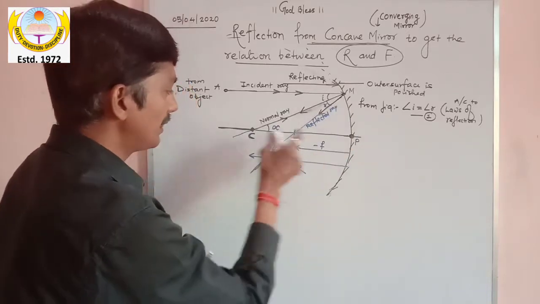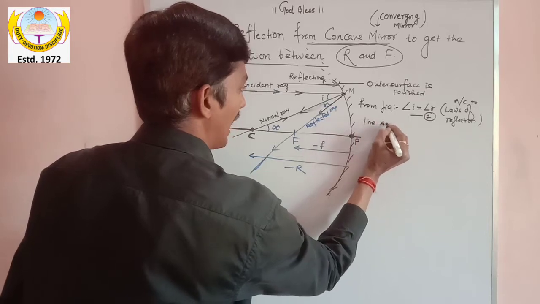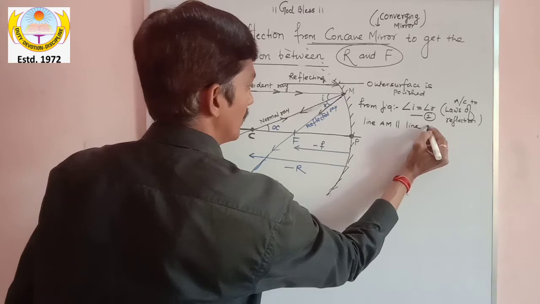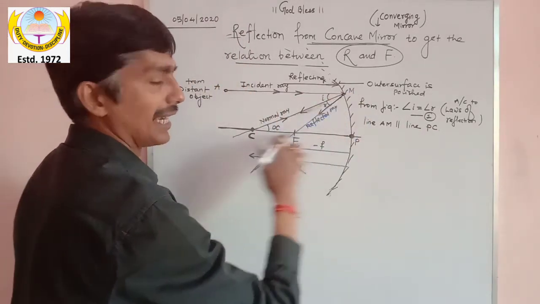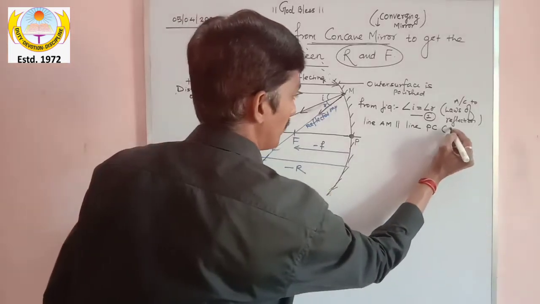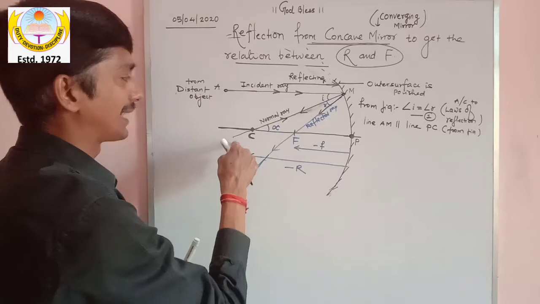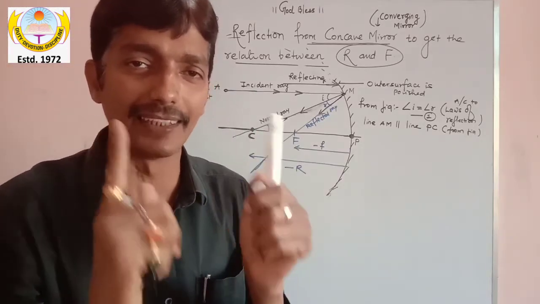So you can see in the diagram that line AM is parallel to line PC. Here also I am intimating from the figure. So what will happen? If the two lines are parallel, 100% there are alternate angles.